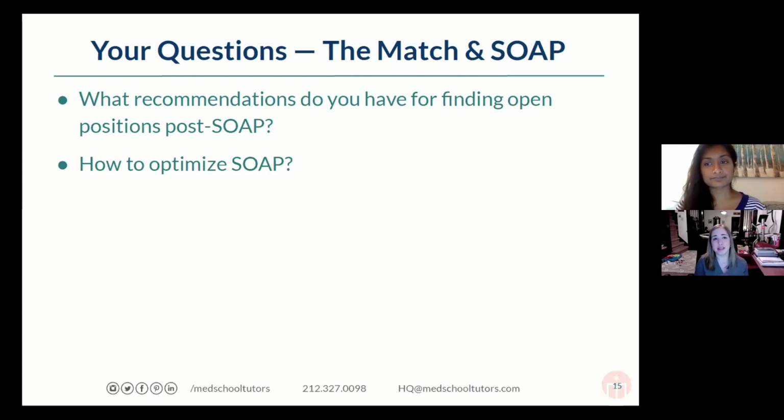Later on in the cycle, there's always the possibility that people don't accept their offers or that people withdraw from residency. So if you're unable to obtain a position, you can keep your ear out for those if you have connections, but I think it's very hard to find positions that way. Yeah.